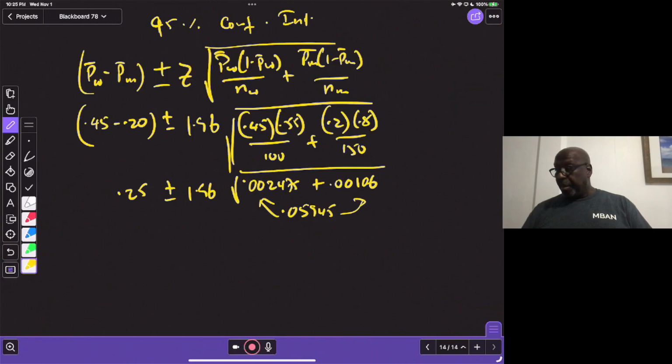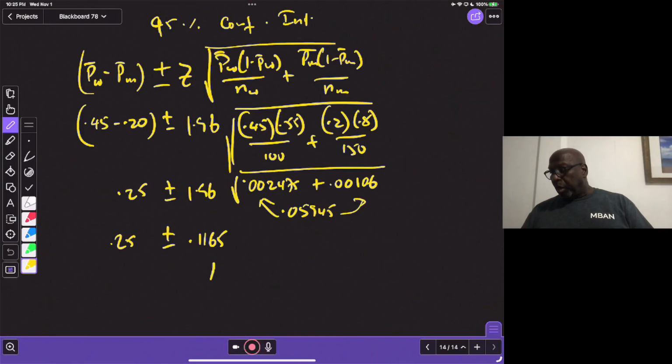Okay. Multiply that by 1.96. Gotta be so careful when you're doing this on a cell phone. 0.1165. That's plus or minus 0.1165 around 0.25.